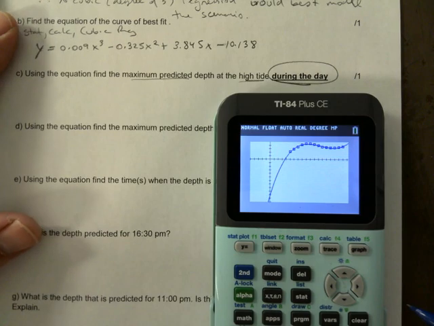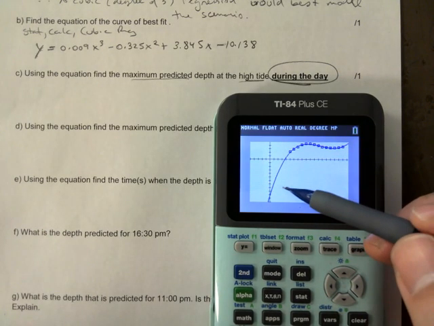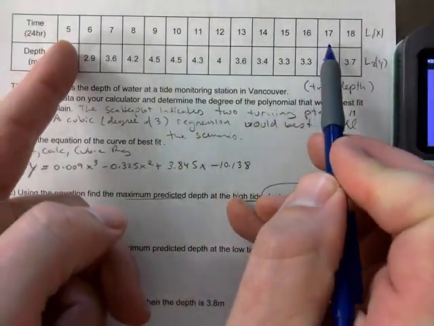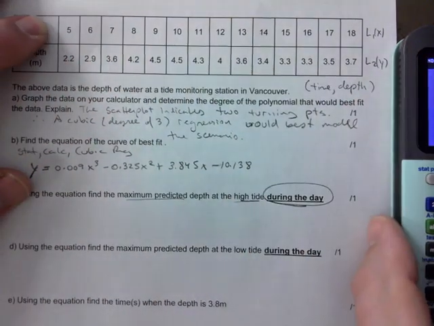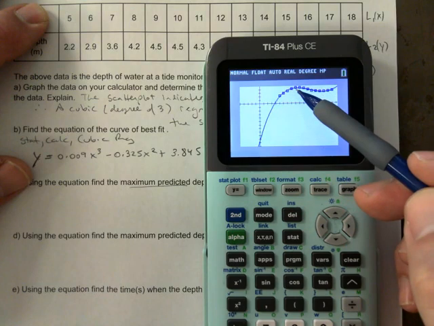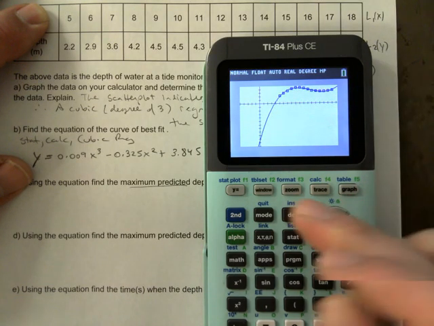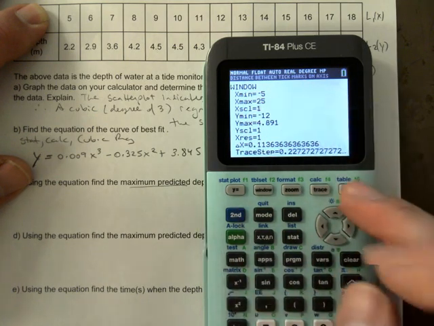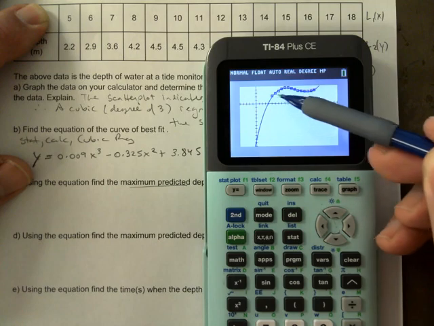There we go. Okay. And so the maximum during the day, because remember, daytime would be somewhere in here, right? Somewhere in here would be daytime. So we're gonna go find that max, because it does go higher. Do you notice that, right? It keeps going higher. In fact, my X max, I'm gonna go to 25 because it's a 24-hour cycle more or less. So it does go up higher, but during the day would be here somewhere, the data that you're given.